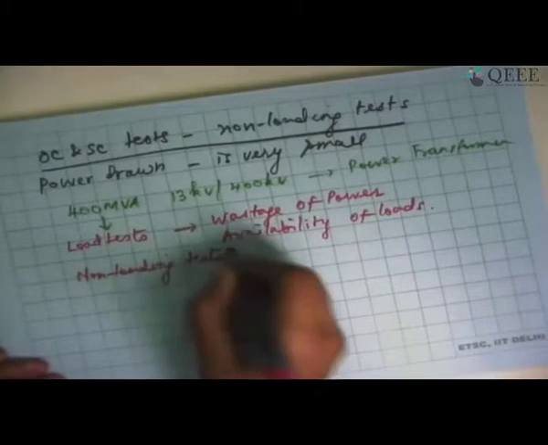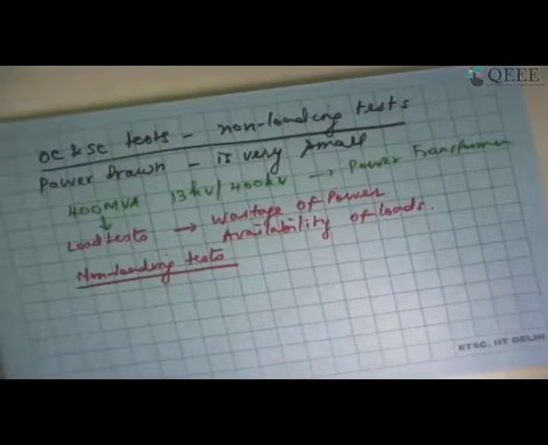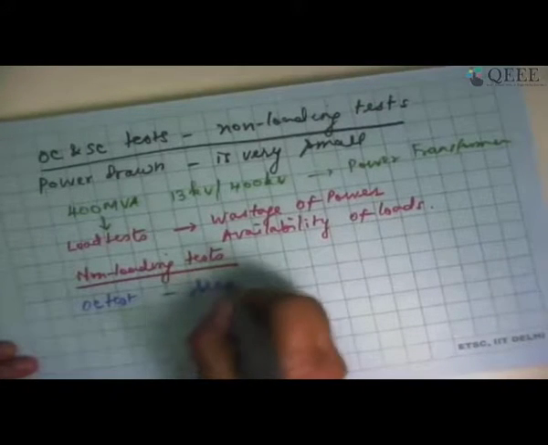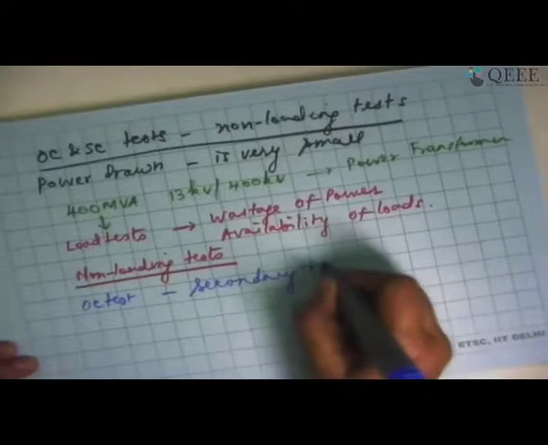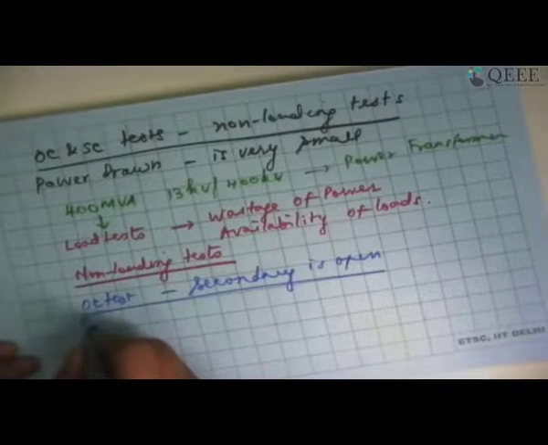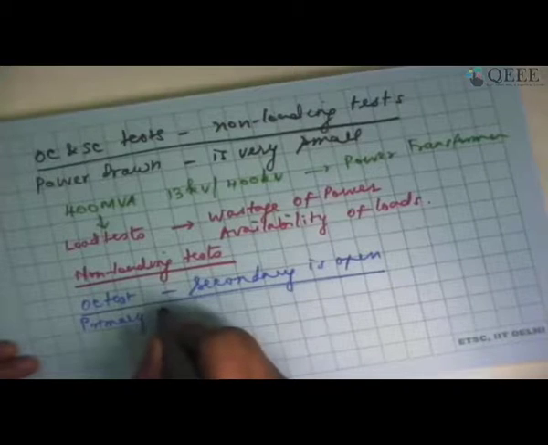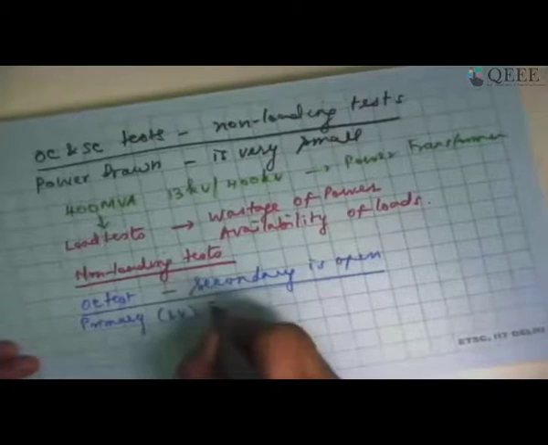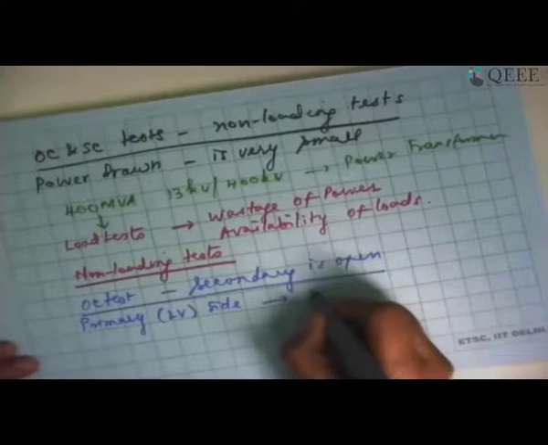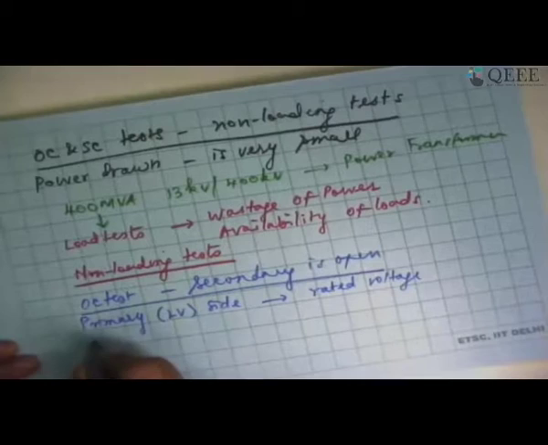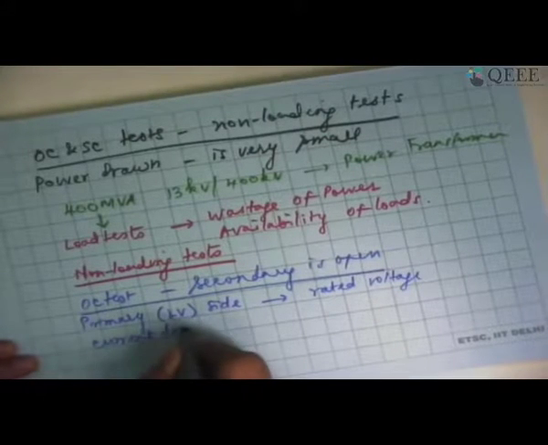So in non-loading tests, we are going to essentially look at two of them. One is open circuit test, where the secondary is going to be left open and the low voltage side is going to be applied with rated voltage, which means the current drawn is really less.